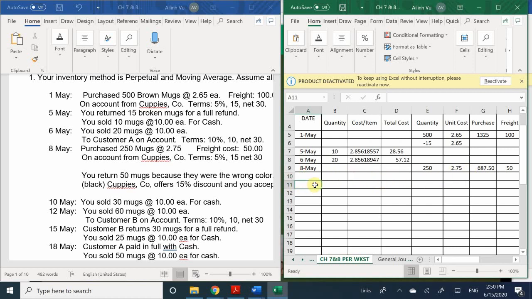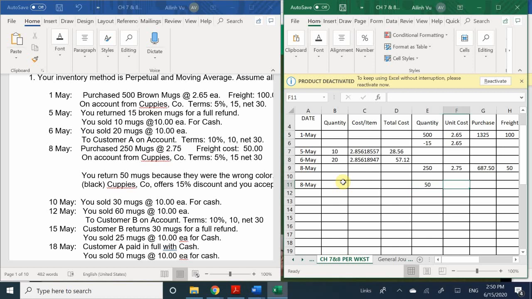What was it for the same day? Same day, May 8. We didn't sell anything. What was it for 50 items? We're actually putting back.